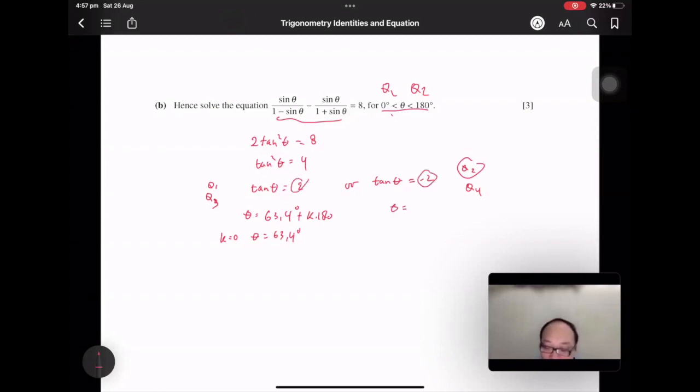So quadrant 2 is 180 minus 63.4 plus k 180. So 180 minus 63.4 is 116.6 plus k 180. So for k equals 0, theta equals 116.6. That's it.